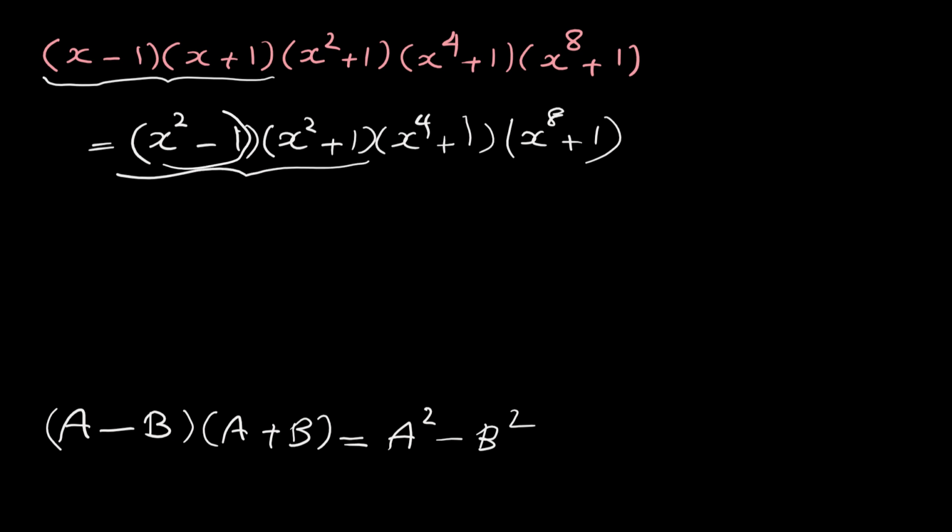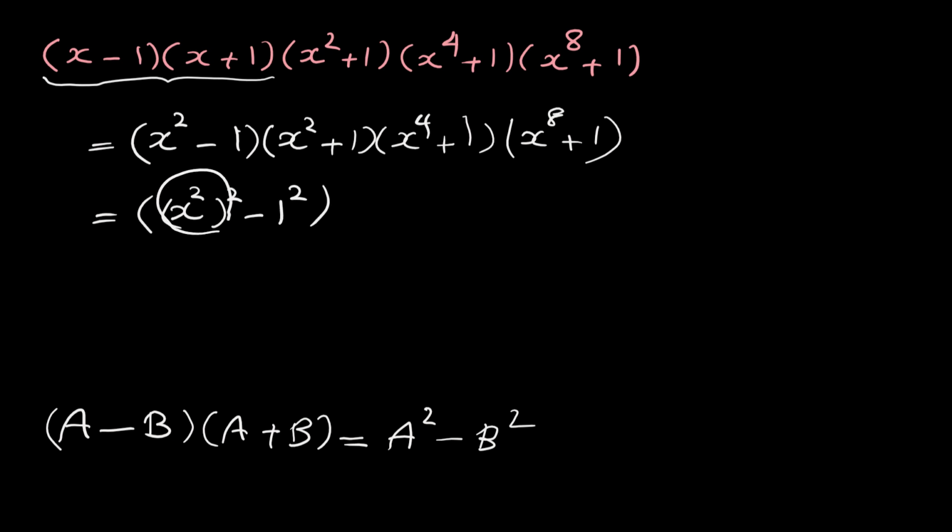Now, look at these two. Again, we have two expressions that are conjugate of each other. What is the answer of multiplying these two brackets? Again, by using the identity, by using the formula. The answer is a to the 2. Attention, this is a and this is b. A to the 2. What is a to the 2? x to the 2, squared. So we have x to the 2 squared minus b is 1, 1 to the 2.